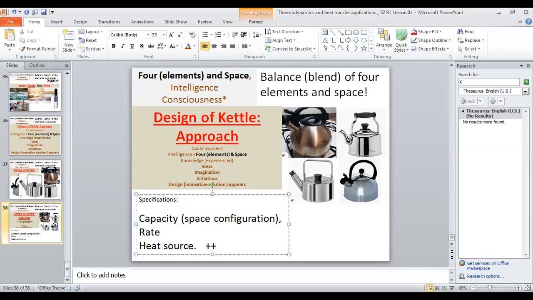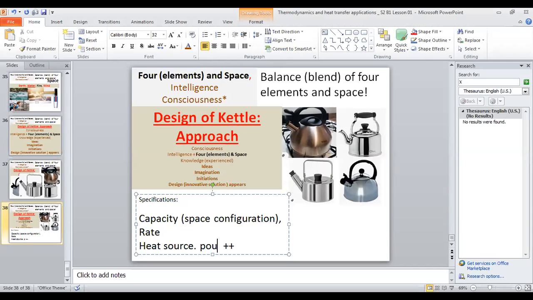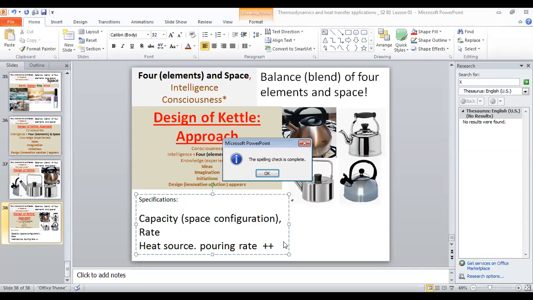Even the pouring rate, the size of the outlet.